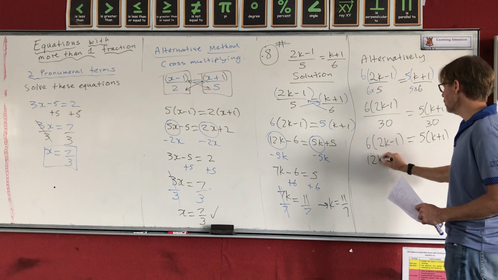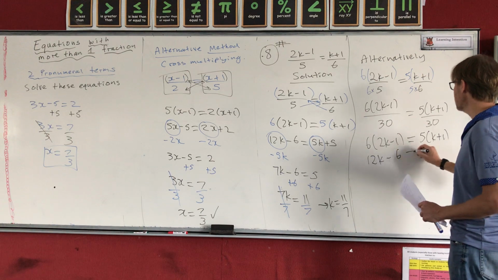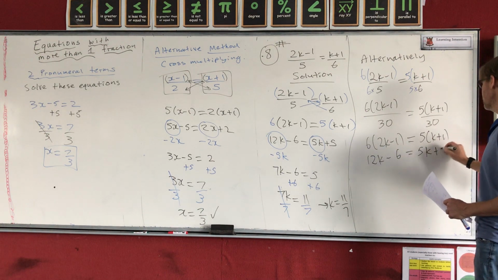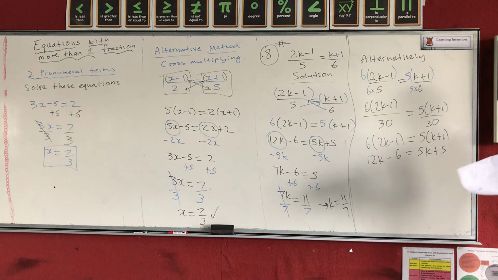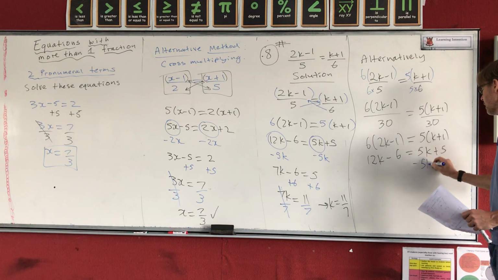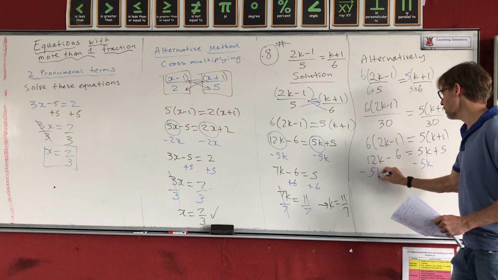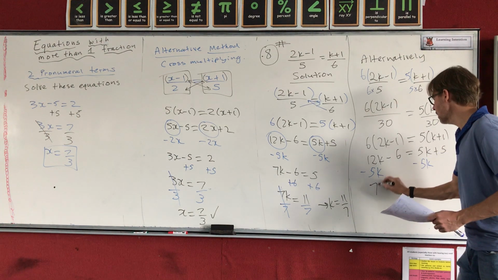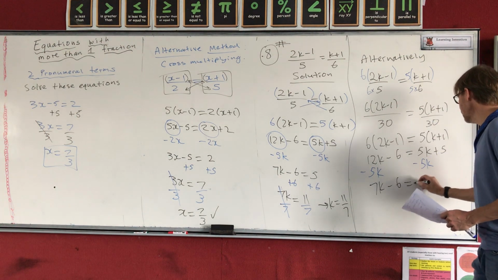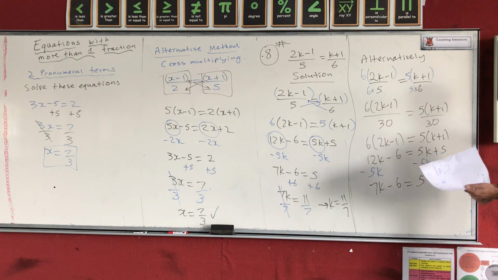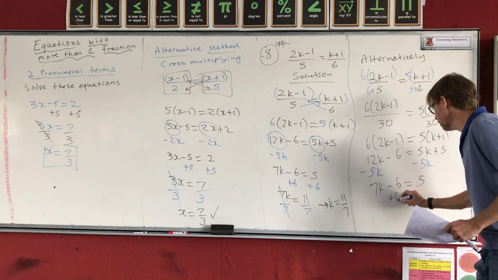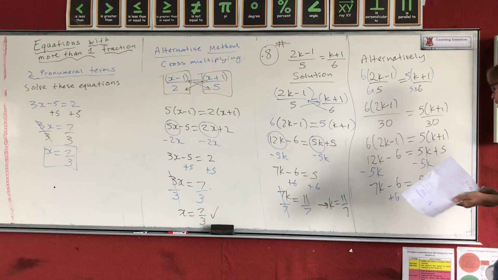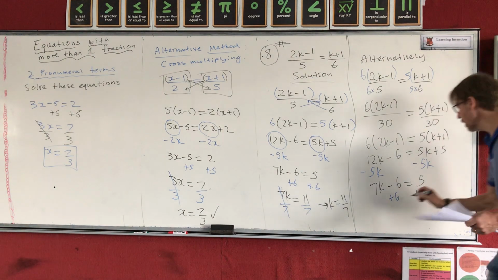So you get 12k minus 6 equals 5k plus 5, minus 5k, minus 5k. Then you're going to get 7k minus 6 equals 5, plus 6, plus 6. 7k equals 11.